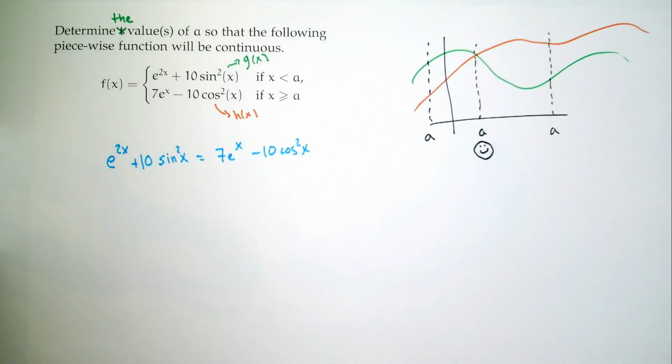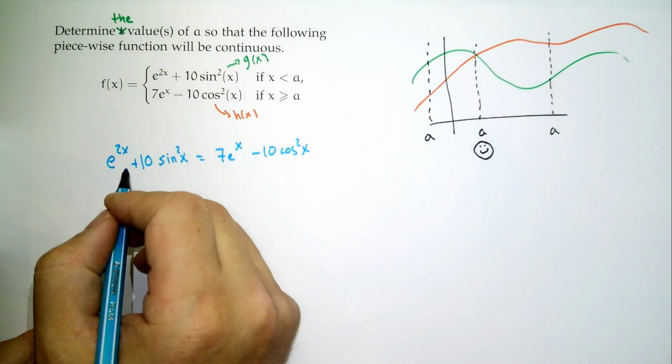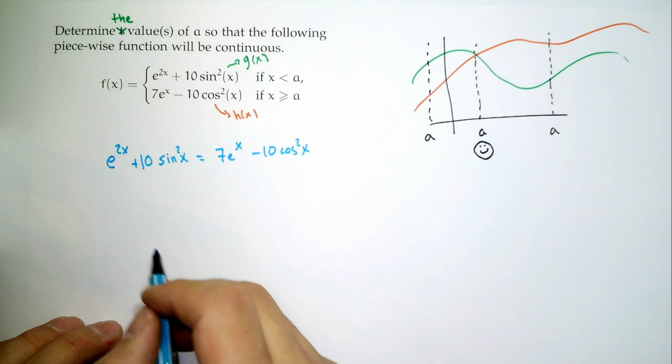Well, generally speaking, unless something really nice is about to happen, this is where we'd have to stop. But this is calculus. We expect nice things to happen to us. So let's push everything over. Let's move it to the left-hand side.